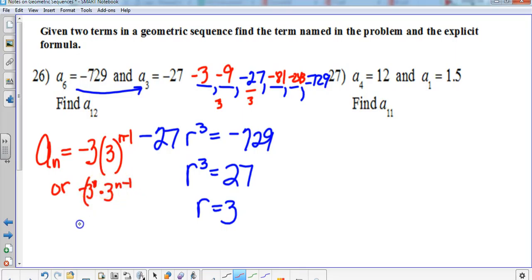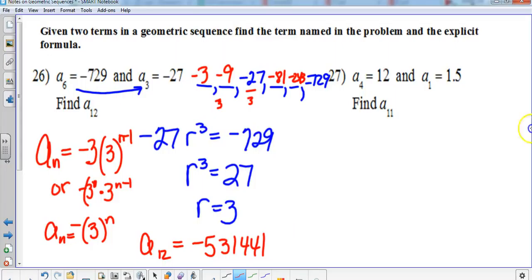If we added those, we'd have the opposite of 3 to the n, or you wouldn't even need the parentheses. But yeah, I don't care. All right, what do we need? Lastly, we need to put in the 12th term. So negative 3 times 3 to the 11th. It's even bigger than that 177 number, right?